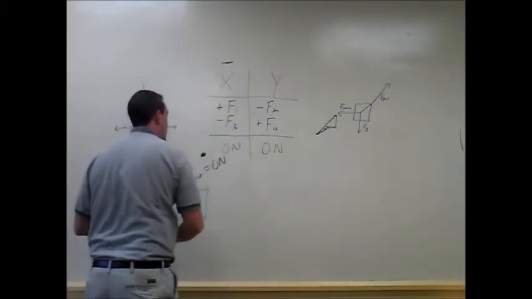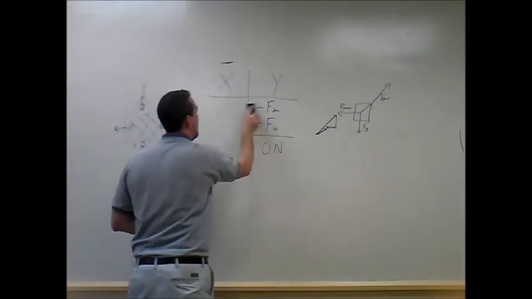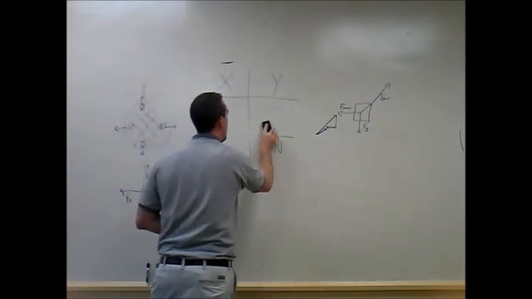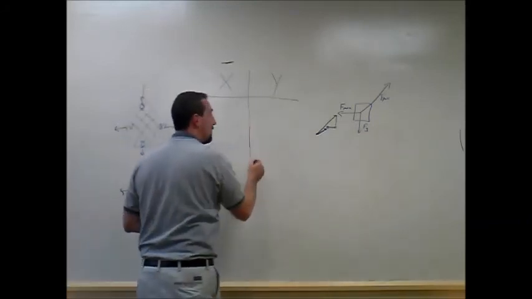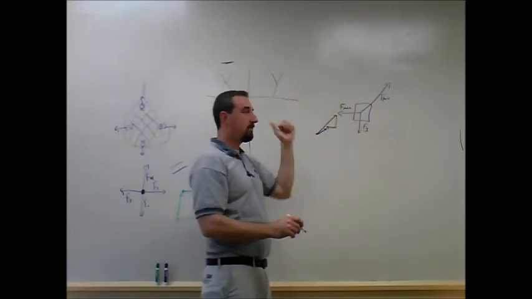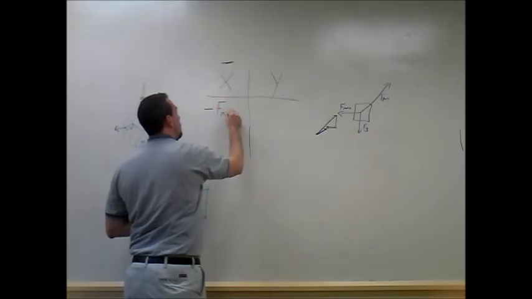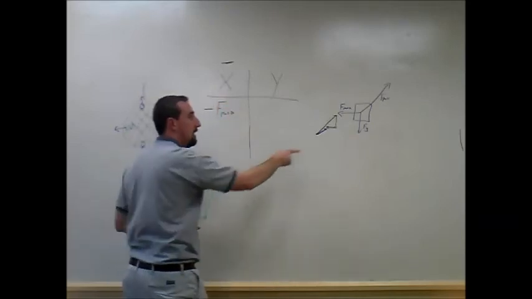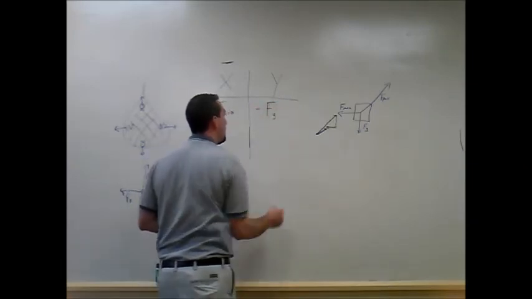So I'm going to get rid of some of the stuff that's in my way. All right. And we'll start by throwing these forces in the table where they belong. So how about F pull 2? Well, that's going in the negative x direction, so negative F pull 2. The force of gravity is going in the negative y direction, so negative Fg.